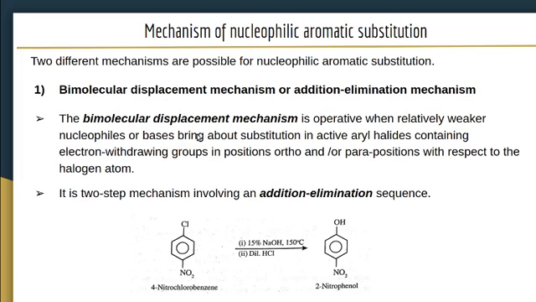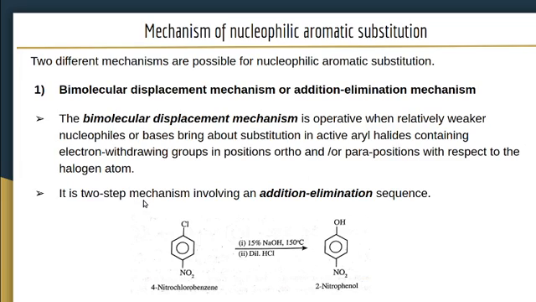The bimolecular displacement mechanism is operative when relatively weaker nucleophiles or bases bring about substitution in active aryl halides containing electron withdrawing groups in ortho and/or para positions with respect to the halogen atom.